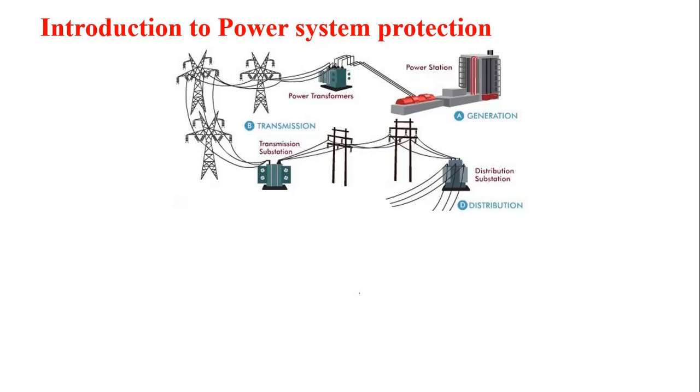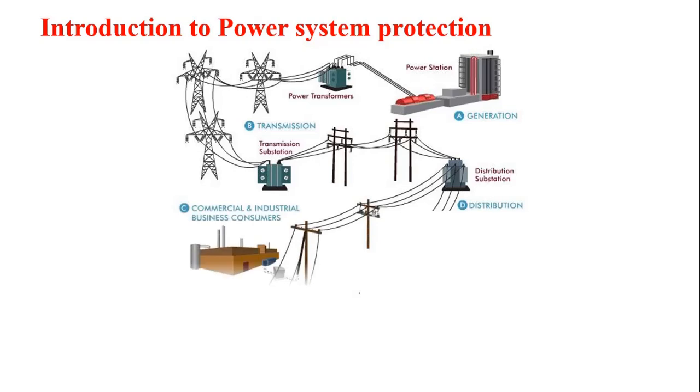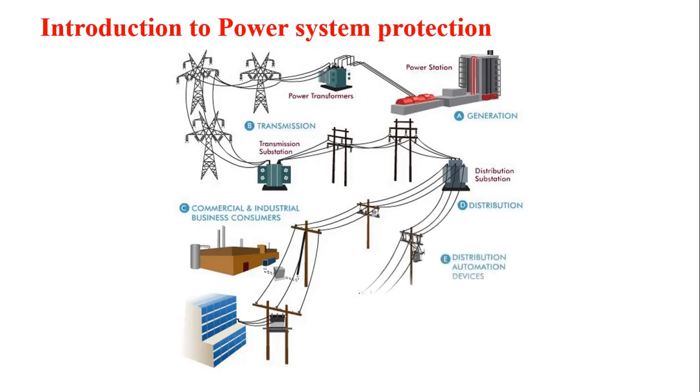The 11 kV supply is directly provided to the commercial and industrial consumers, whereas after stepping down the voltage to 440 volt in case of three phase or 230 volt in case of single phase, it is provided to the residential consumers. So this is the single line diagram of the power system, which you already studied in Power System 1.